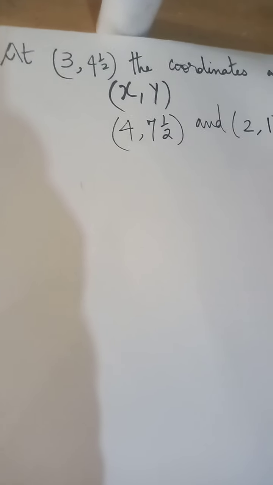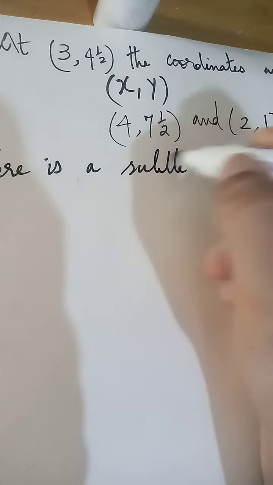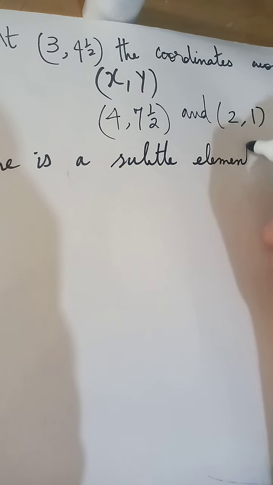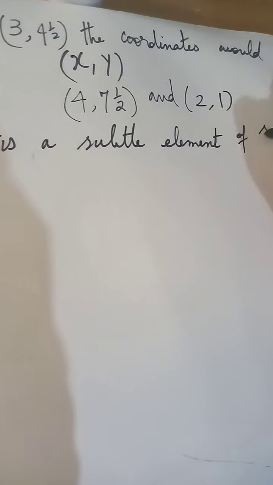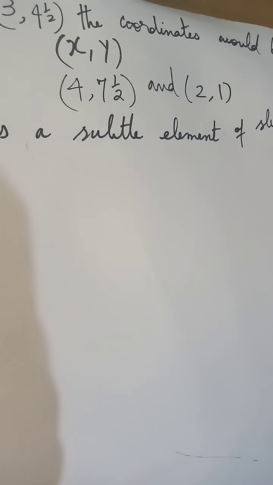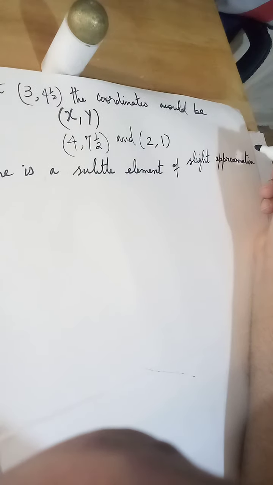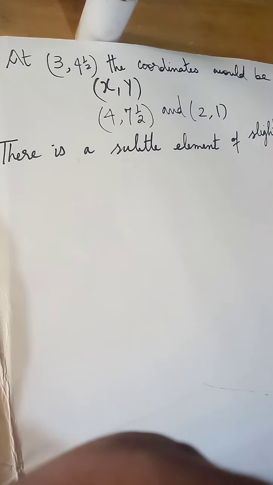So there is an element of approximation. There is a subtle element of slight approximation, and that's because of visual limitations on the graph. The graph isn't full scale, it's a very small graph, so obviously I have to approximate.